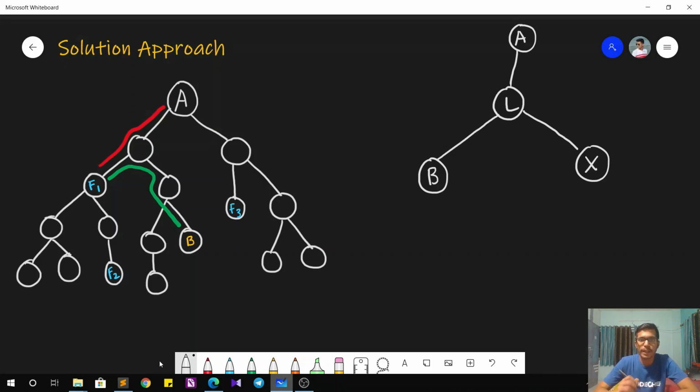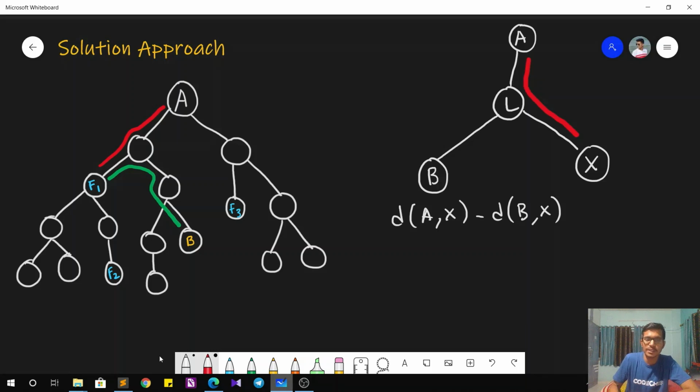So we can now redefine the expression that was given in the question. Now we know that the A,X distance is this red one. So from A to X is this red distance, and from B to X it is the green one.